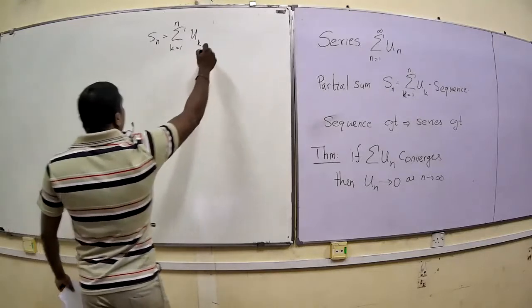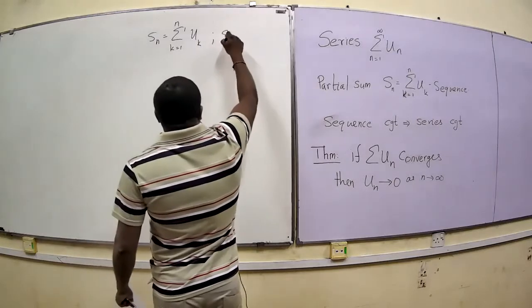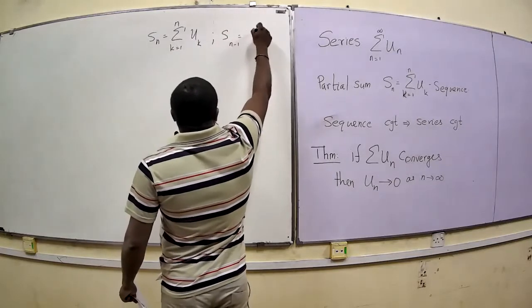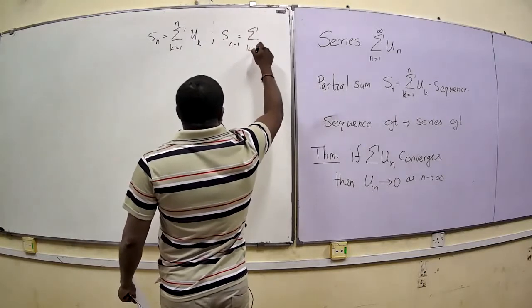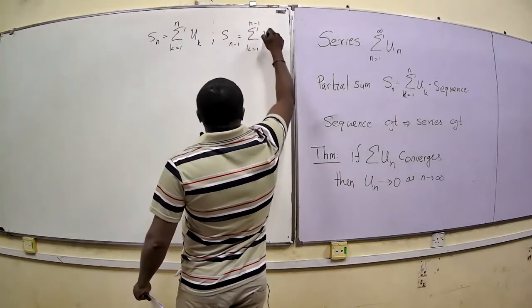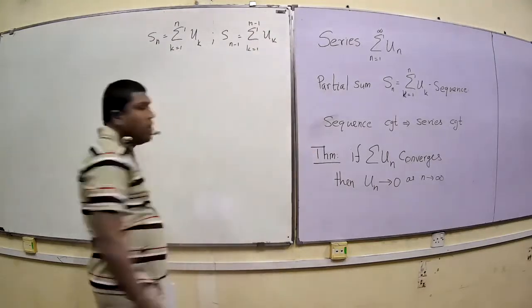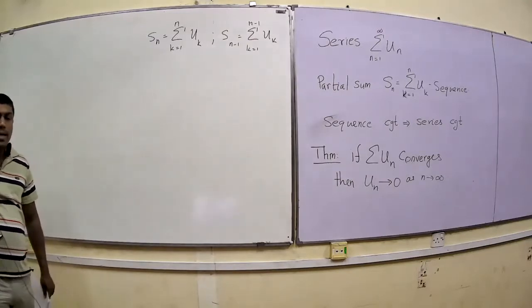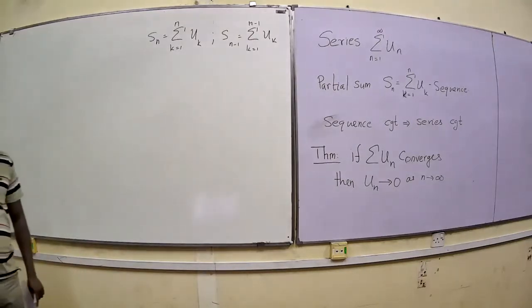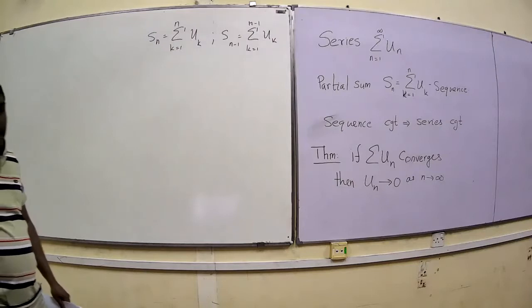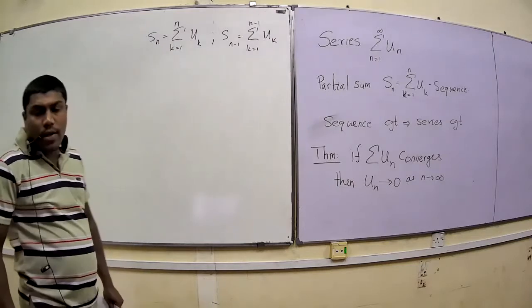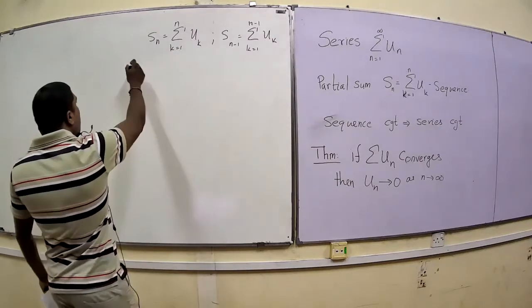So then, when you know this, the partial sum S(n-1) is the sum of all terms except un. In Sn you have un also. So when you subtract, you will get un.